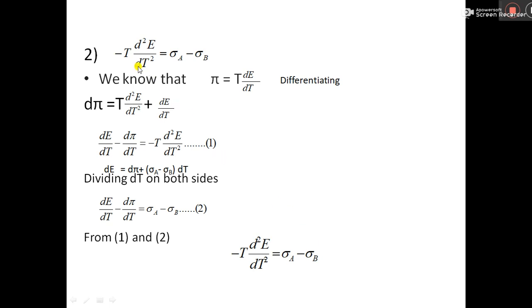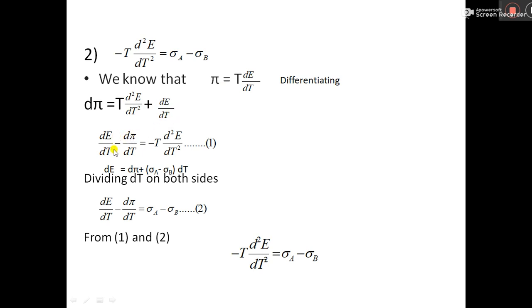Second one: minus T d square E by dt square is equal to sigma A minus sigma B. We know that pi is equal to T P. So we can write P as dE by dt, and differentiating we get d pi is equal to T into d square E by dt square plus dE by dt into 1.